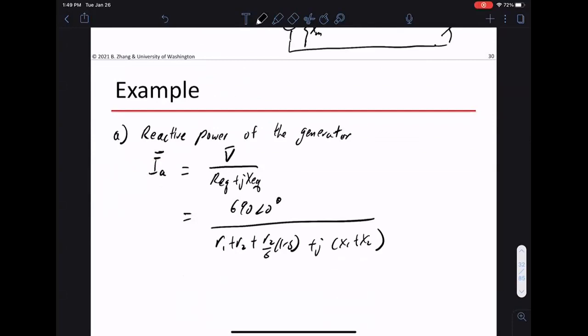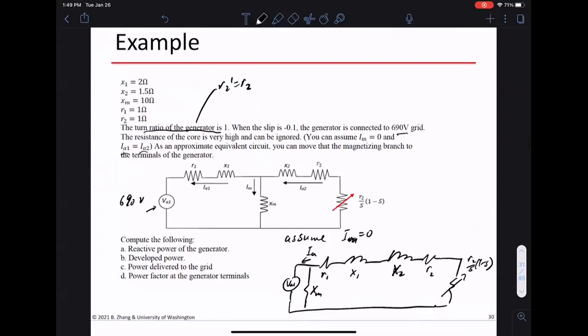So we can plug in the numbers and do this calculation. If you look at this equation, it says the voltage is 690. What does 690 mean here? Is it the line-to-line voltage or the line-to-neutral voltage?